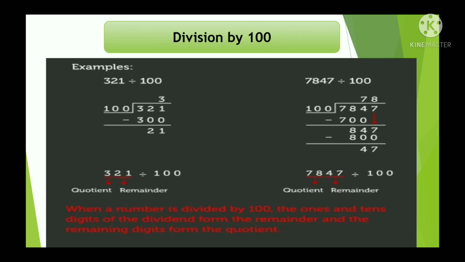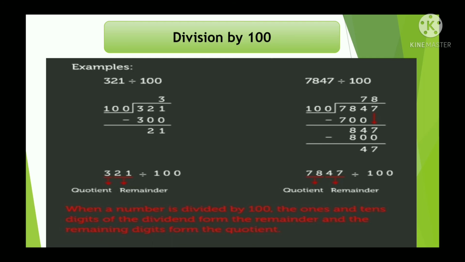Now the second is division by 100. So we'll see with some examples. 321 divided by 100. After dividing we'll get 3 as the quotient and 21 as the remainder. And 7847 divided by 100. After division we can see 78 is the quotient and 47 is the remainder.